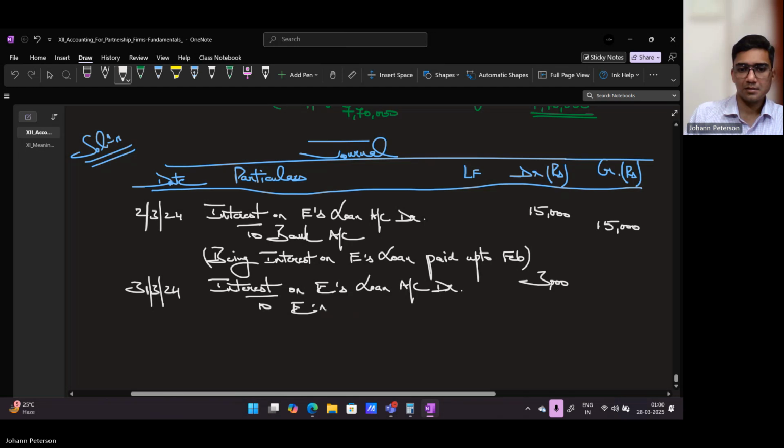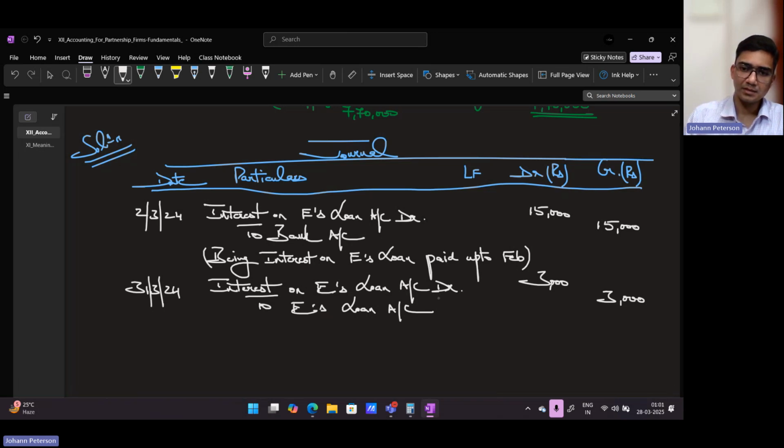His loan account. Why is it that I will credit his loan account? Just like in the last case, this is increasing the liability.